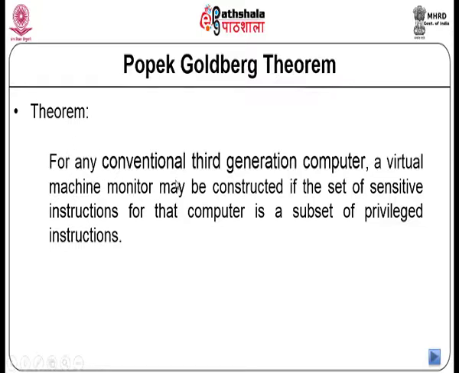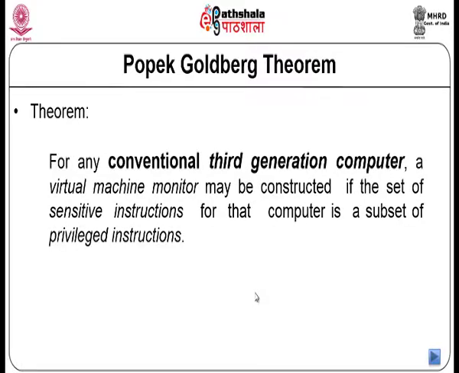They say that for any conventional third generation computer, a virtual machine monitor may be constructed if the set of sensitive instructions for that computer is a subset of the privileged instructions. Quite a few interesting terms are there. First, this is for a conventional third generation computer. It does not worry us because we have shown that today's computer is quite equivalent to a third generation computer.